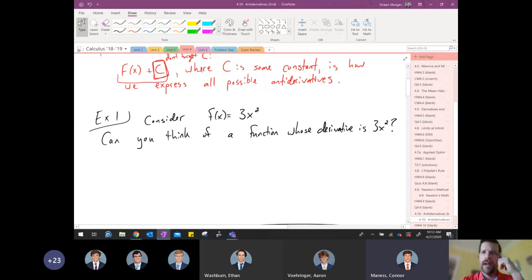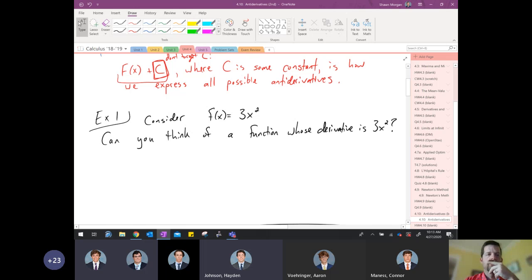Can you think of a function that would have 3x squared as its derivative? Any guesses? Would it be x to the third? Absolutely right.